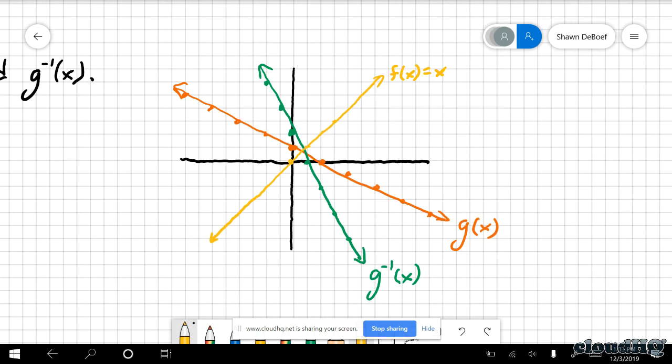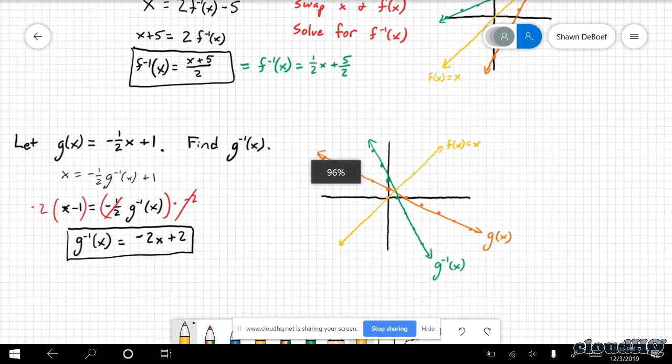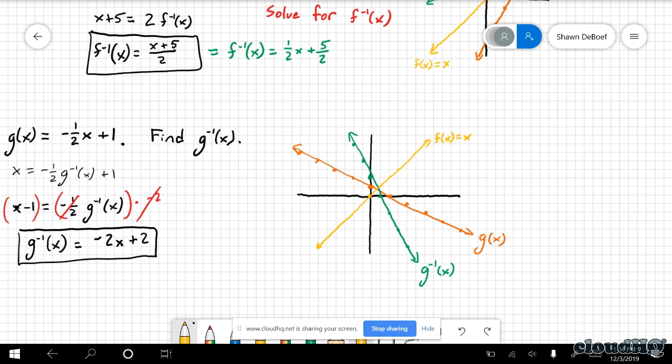Because really, remember f of x and x, you've just replaced them. You switched them around. So there's the line across where you switch them, so it's just a reflection. So you should always, that yellow line should pass through the intersection point, always. And that's always the line through the origin with a slope of 1.